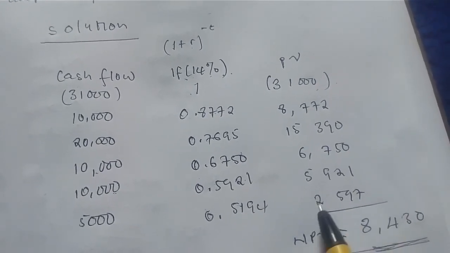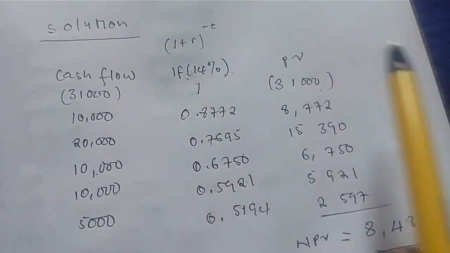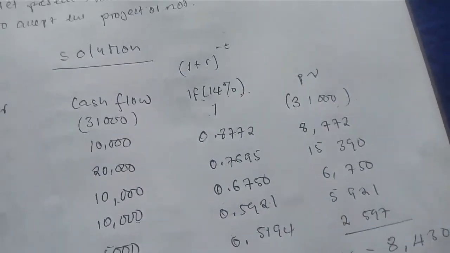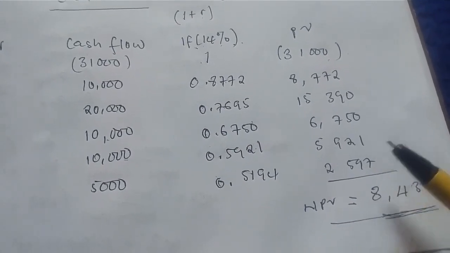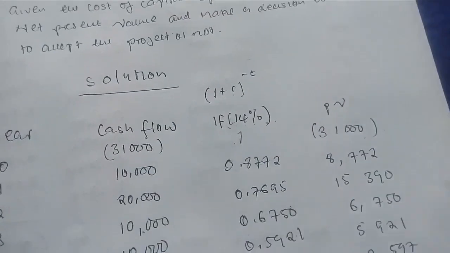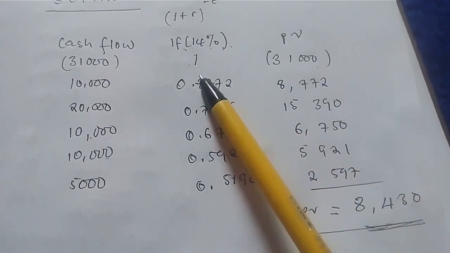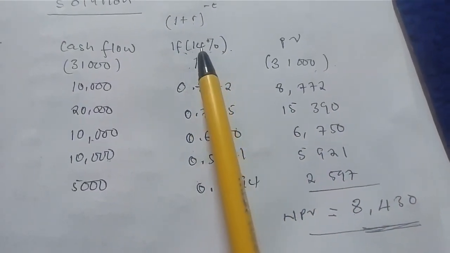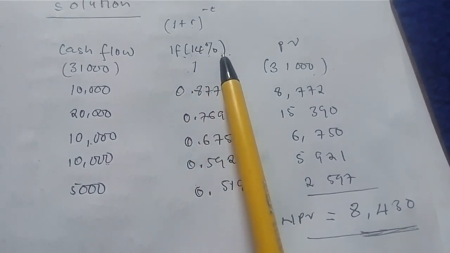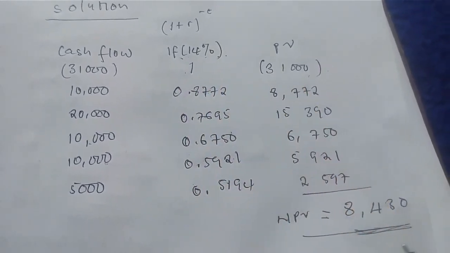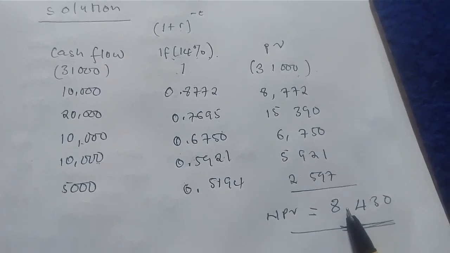In order for us to find that rate, we usually carry out the trial and error approach. The first step is we have to understand the relationship which exists between the discounting rate, or the cost of capital, or the required rate of return, and the net present value.